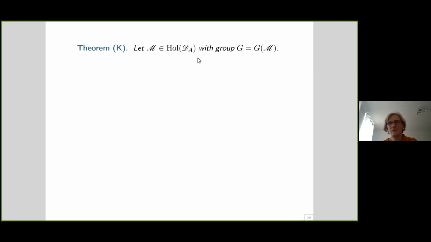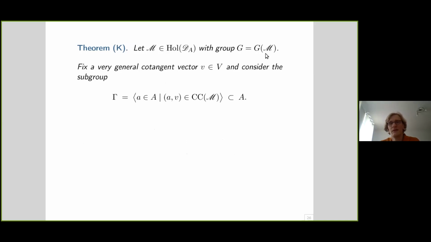So if you have a holonomic D-module and you have this Tannaka group G, then you fix a very general cotangent vector v, and you look at the Gauss map for this characteristic cycle of M. And so you look at all points (a, v) which are on the characteristic cycle. So this is the fiber of the Gauss map over that point v. And then you project to the abelian variety.